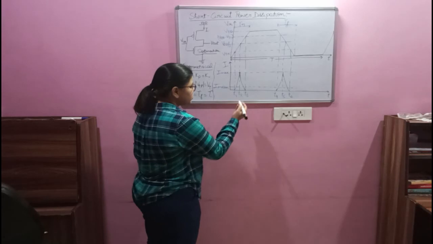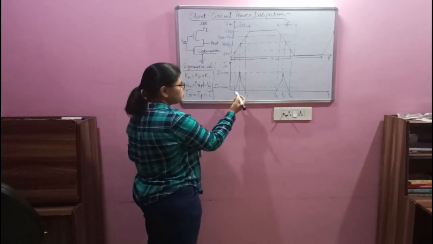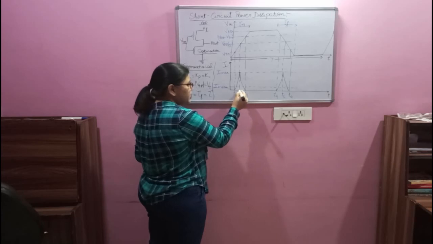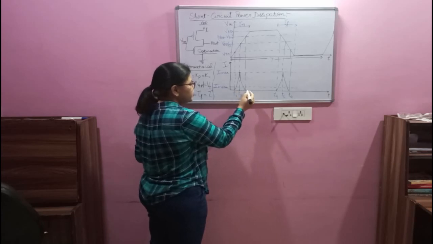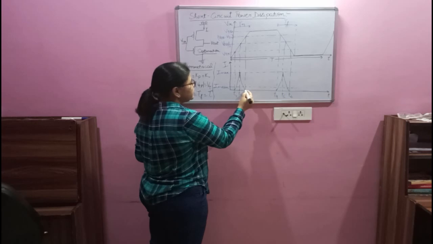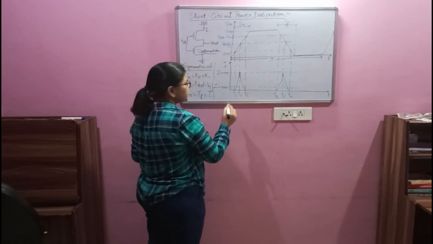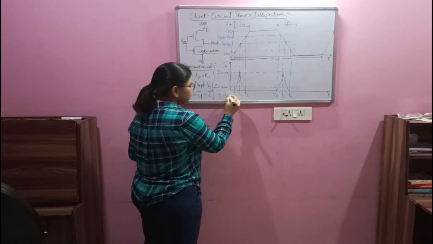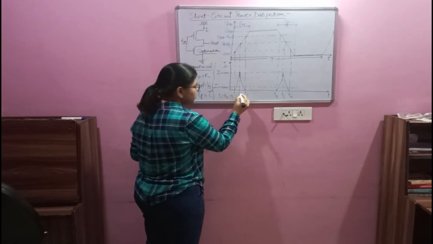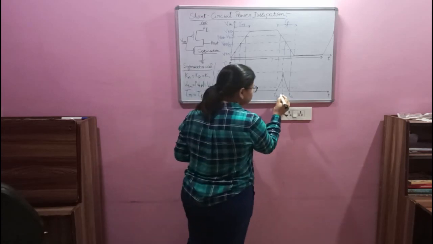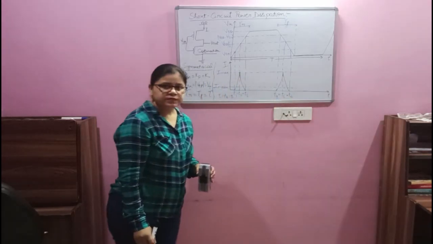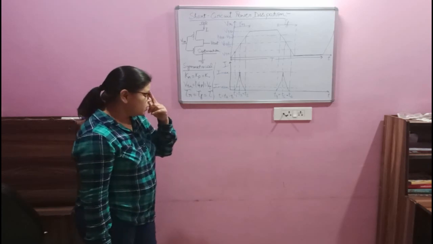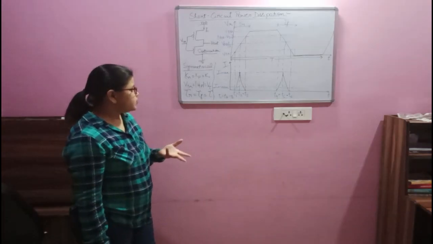One thing also to be noted: because we are taking that this is rising from VTN, making a high peak or the maximum value at VDD by 2, and this is VDD minus VTN, it means we can also assume here that T1 is equal to T2 and it is equal to T3. So these gaps are equal. In a similar fashion, these are also equal. These are some assumptions which we are taking to make the analysis a bit simpler.